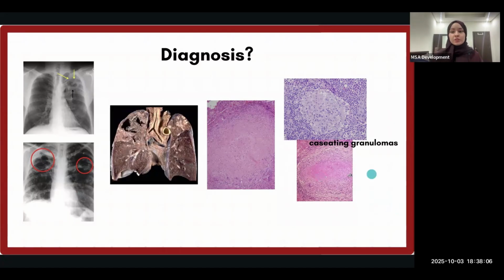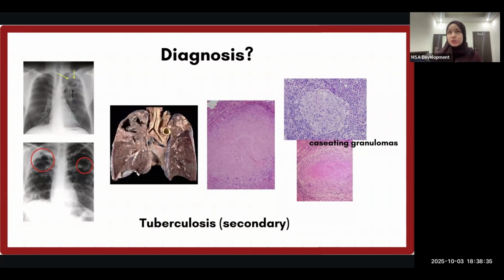So this is secondary TB. Now, why did we say secondary and not primary? Primary TB usually does not have symptoms that are that severe. This is mostly seen in secondary TB. And also, secondary TB tends to favor the upper lobes of the lung, as you can see in this X-ray image, because this is where oxygen is highest.